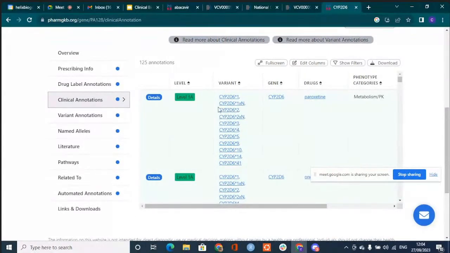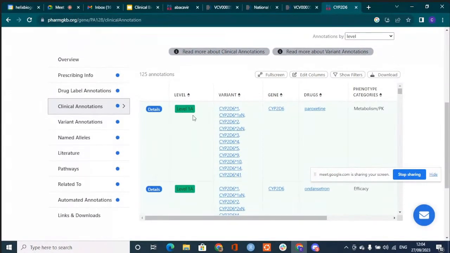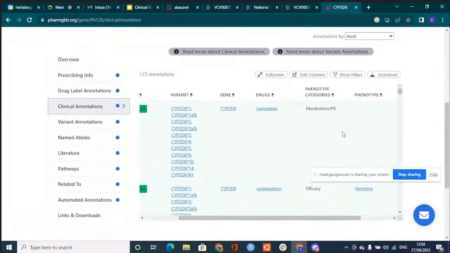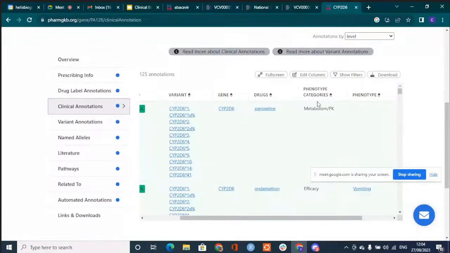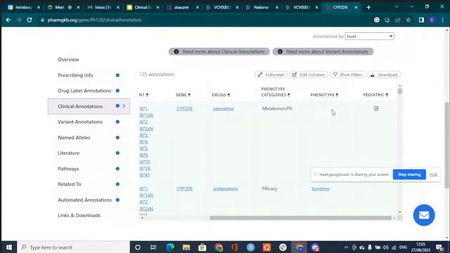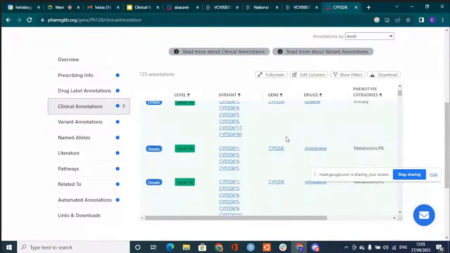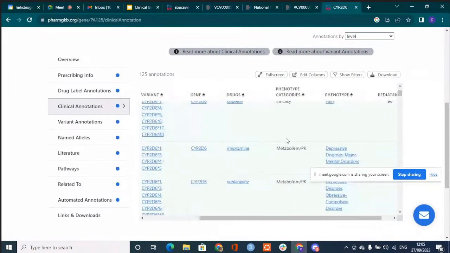Let's check the first one, a level 1 variant. I can see the drug paroxetine. What's the action of this gene? It's a metabolic enzyme. And is there any phenotype that has been reported about this? Nothing has been reported, right? We can still go down to look.